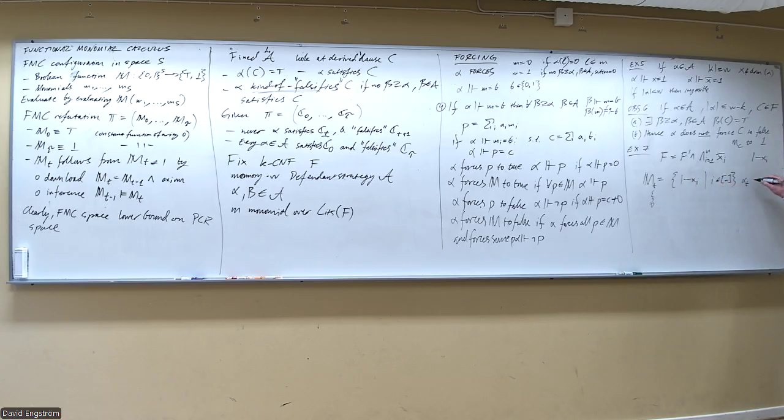Our alpha sub t just set all the x_i's to 1. And that was fine because this assignment had size n, but we had 2n monomials.